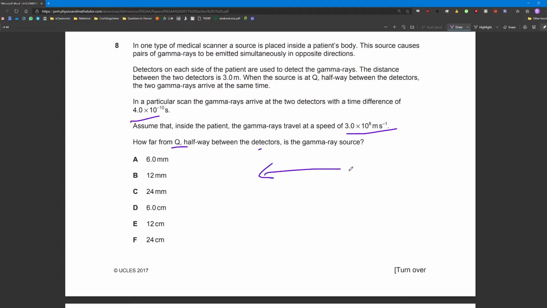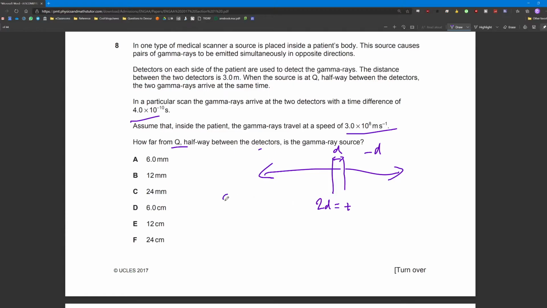Okay, so if the gamma ray is traveling an additional amount d here, that means this one is traveling less by d. So the time it takes to travel d is the time difference.